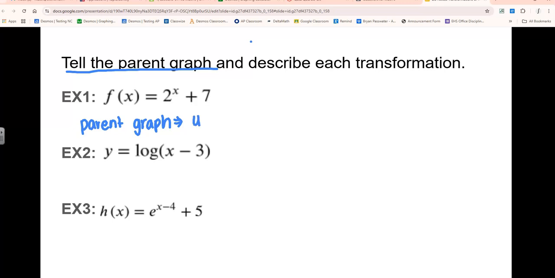On this one, it is y equals 2 to the x power. In this case, that 2 is not a transformation. It's just the base of that exponent. So the parent graph is just y equals 2 to the x power. So then you would be looking at anything that is not the parent graph.